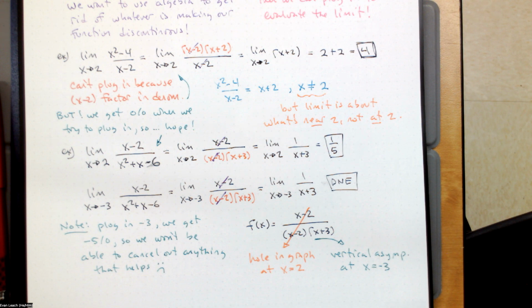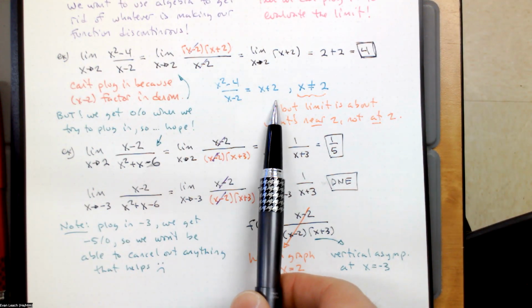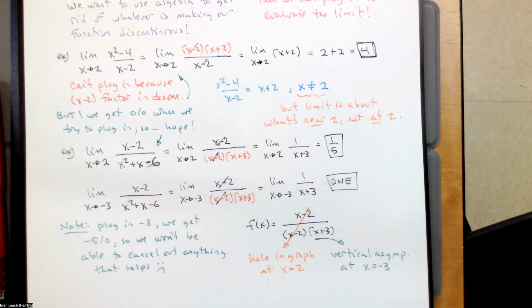We want to know that this is an okay thing to do because it works algebraically. And we want to reinforce that it's okay to do algebraically because even though these two expressions are not equal everywhere, they're only unequal at a point we're not interested in because we're looking at a limit, not evaluating a function, even though we're trying to evaluate a limit by evaluating a function.